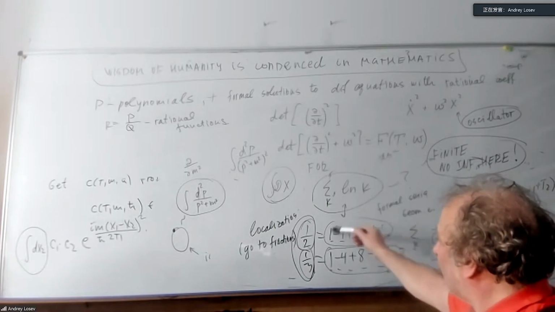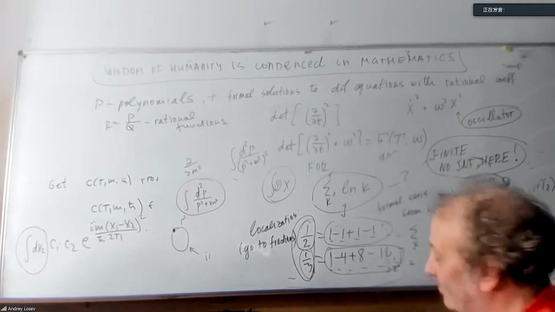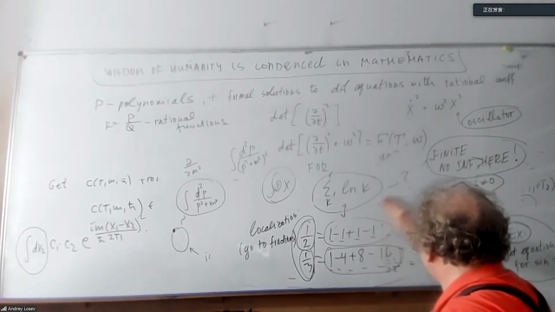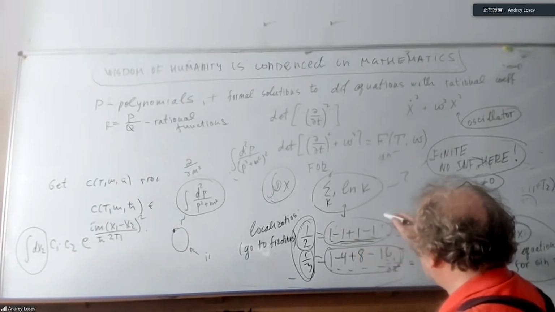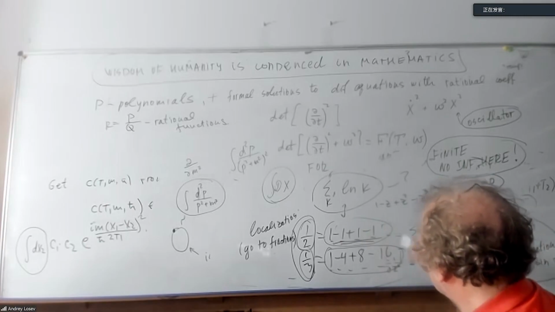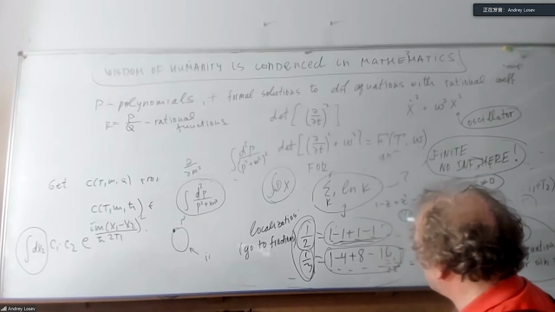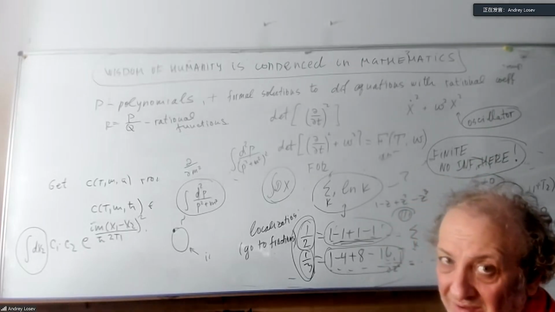Like you have a formal series, 1 minus z plus z squared minus z cubed, etc. So you have a region of convergence, and then you study analytical continuation.